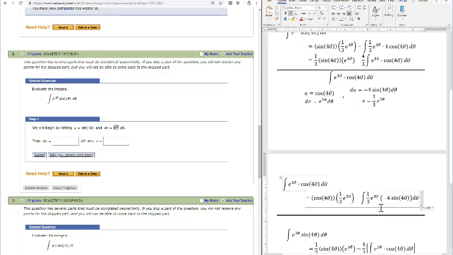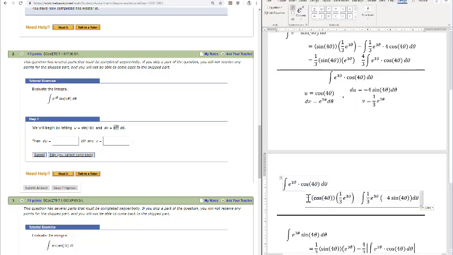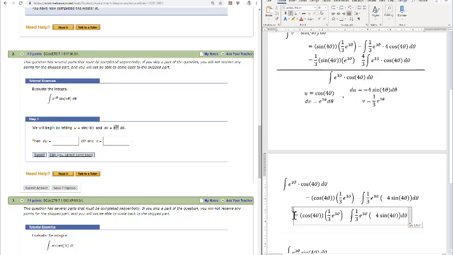There we go. Okay, let's see if we can simplify this. We're going to again get a 1/3 out of this thing. So let me copy. This is how I simplify things in my computer. The 1/3 can come out.